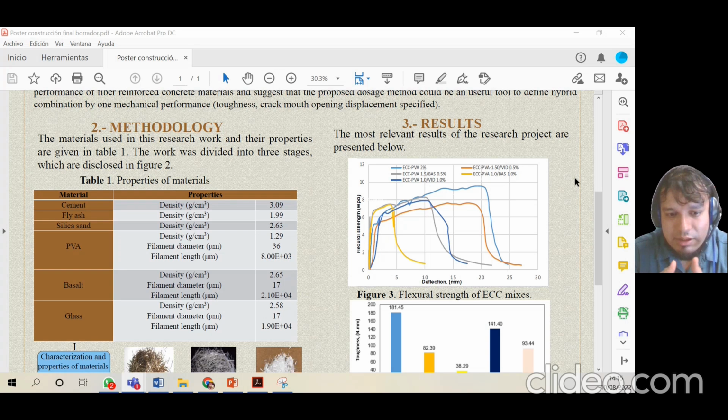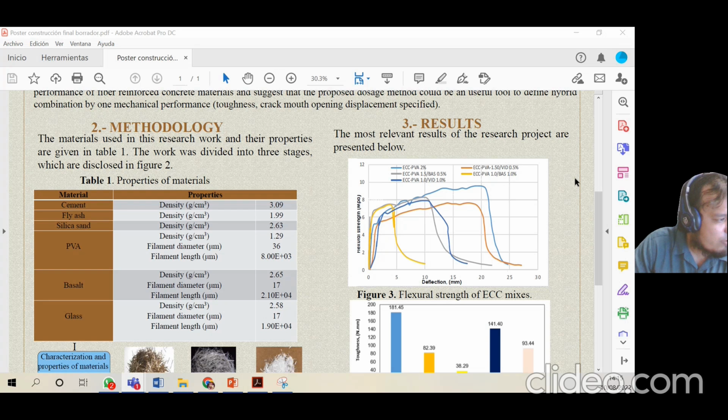That is to say that you can obtain a similar behavior in every compound if we use the better quantities of each fiber in combination, right?